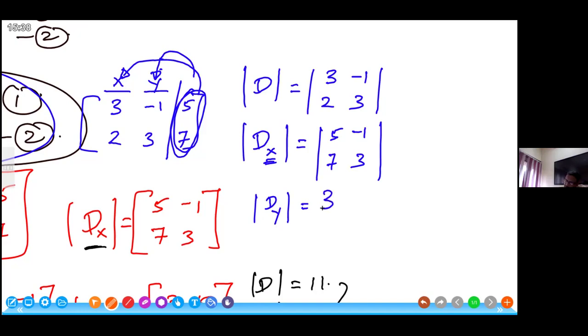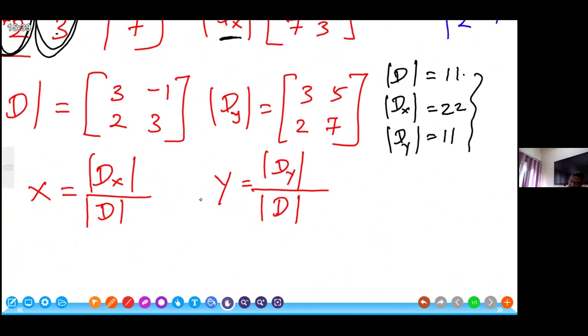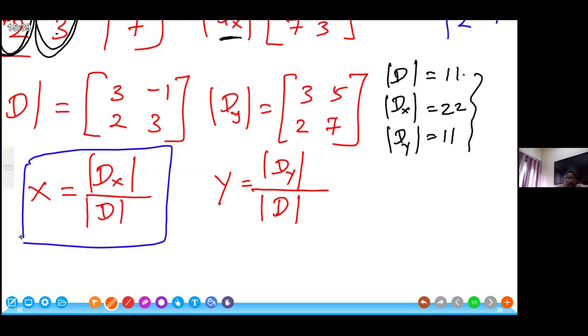So this 3 and 2 will remain, and -1 and 3 will be replaced by 5 and 7. Is it clear? That is the first step. Then you have the formula. To find the x value, it is the determinant of dx divided by determinant of d.